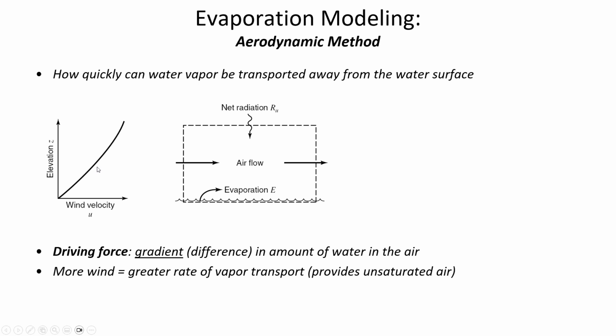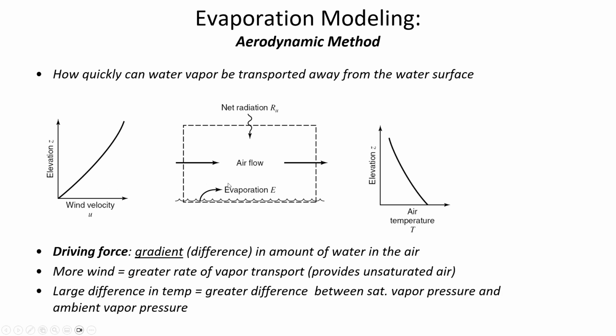And so what we'll usually do is we'll talk about the wind velocity at a certain height above the water surface, like 2 meters above the water surface is a pretty standard location to measure the wind velocity. And the more wind velocity there is, the greater rate of transport of vapor away from the water surface.